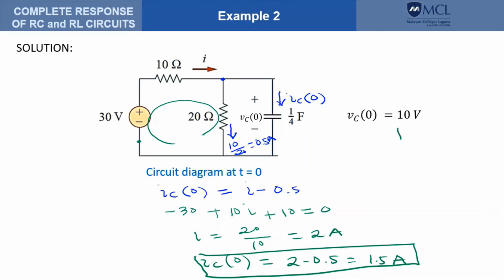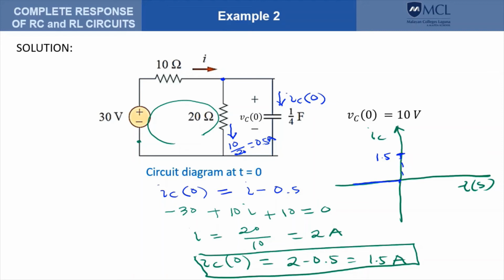If we try to plot the current versus time, so this is the current through the capacitor. Before t equals 0, the current is 0, and at t equals 0, it jumps to 1.5, and then from there, the circuit undergoes a transient condition.